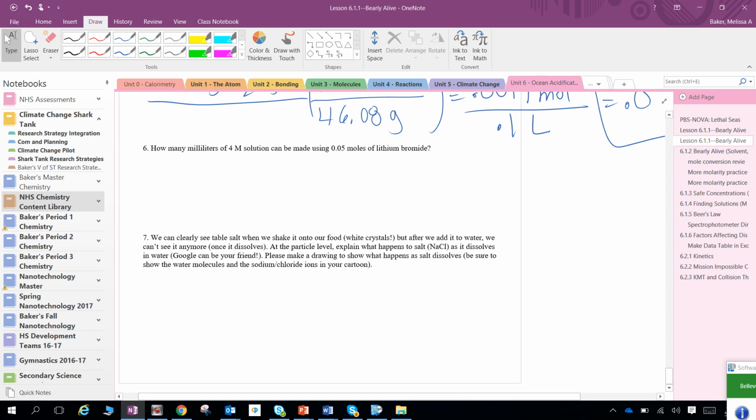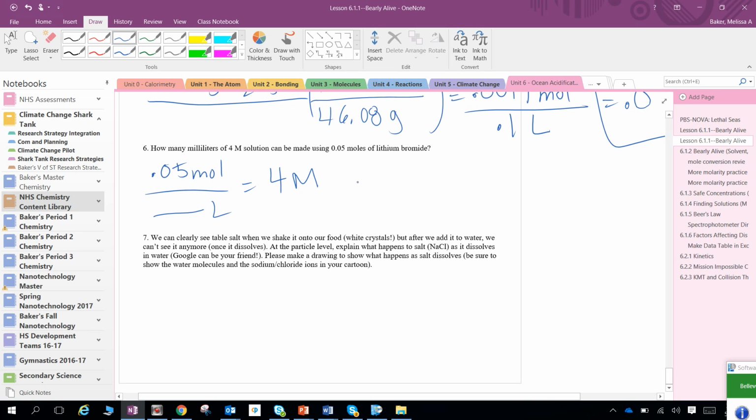Number 6, what about if you're looking for milliliters? How many milliliters of a 4 molar solution can be made if you've got 0.05 moles of lithium bromide? Well, if you think about this, what we're really wondering about is 0.05 moles divided by what is going to make a 4 molar solution.